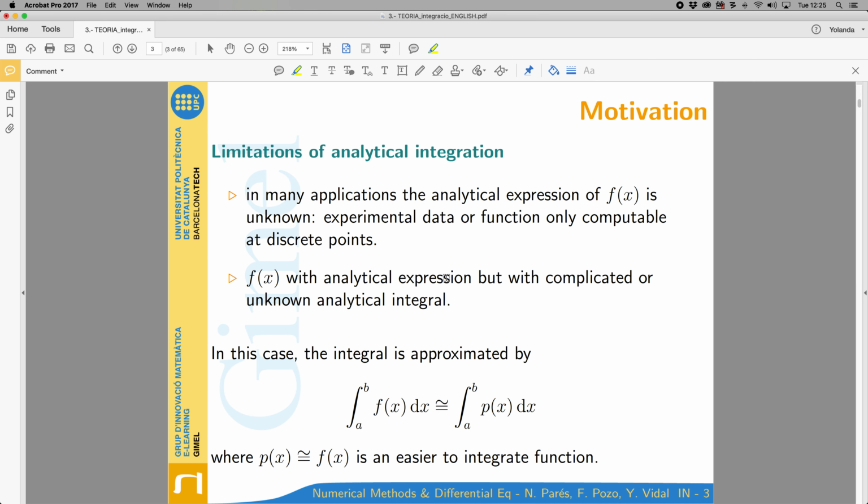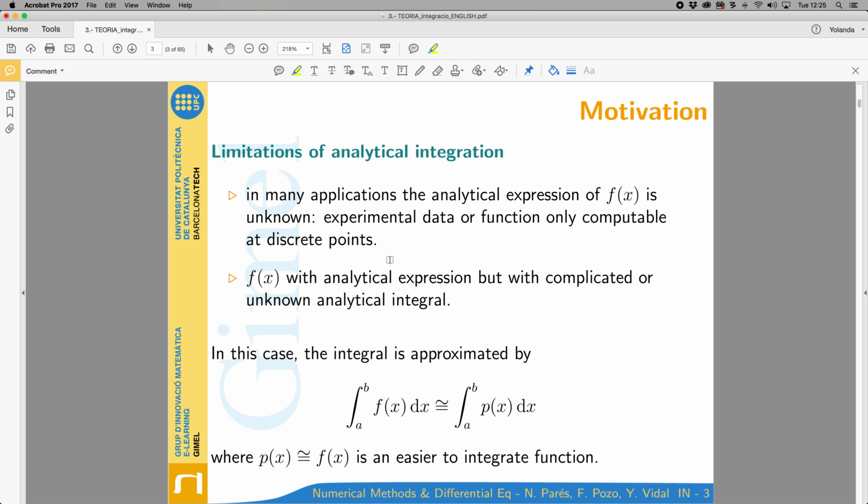The reason could be, for example, that in many applications I don't know the analytic expression of f of x. So, for example, when my data comes from some sensors and I don't have the expression of f of x, but just a bunch of data points.